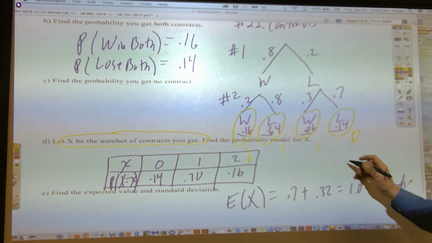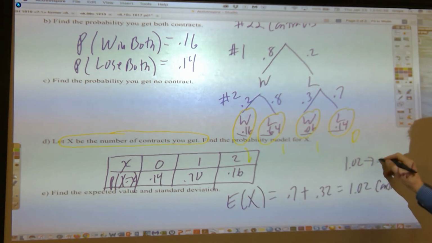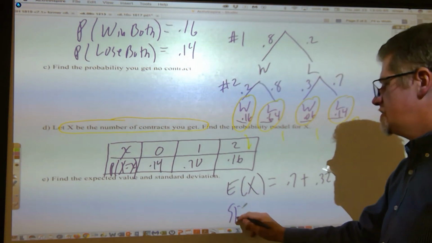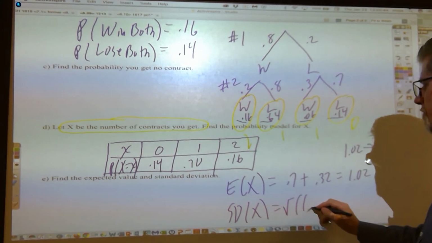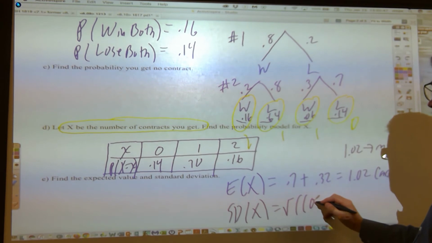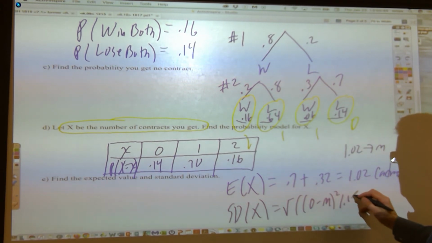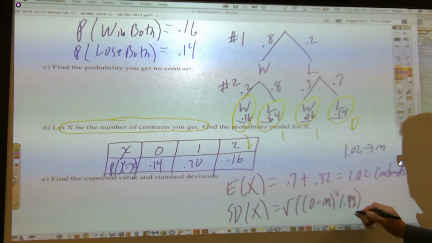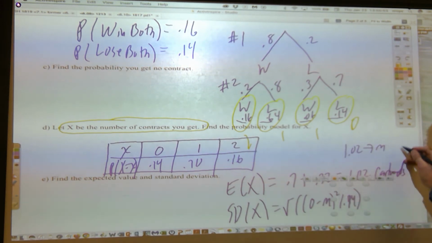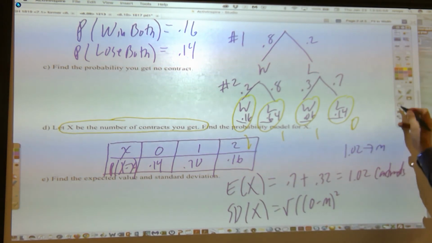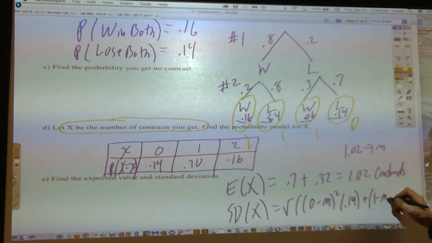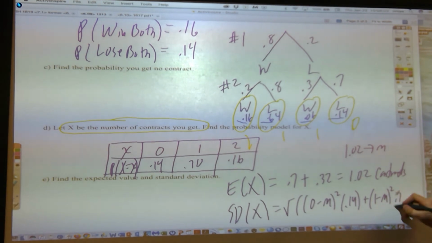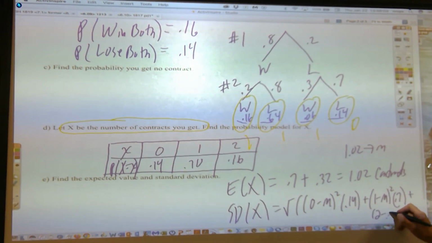And then if you store that in M, 1.02 stored in M, then to find the standard deviation of the number of contracts, I hope you're taking the square root of the quantity (0 minus M) squared times 0.14, plus (1 minus M) squared times 0.7, plus (2 minus M) squared times 0.16.